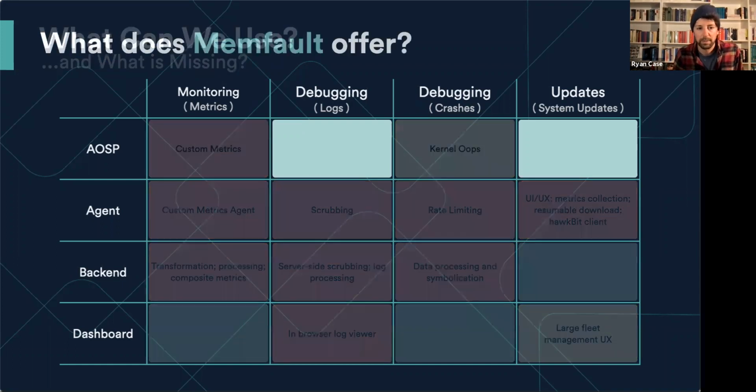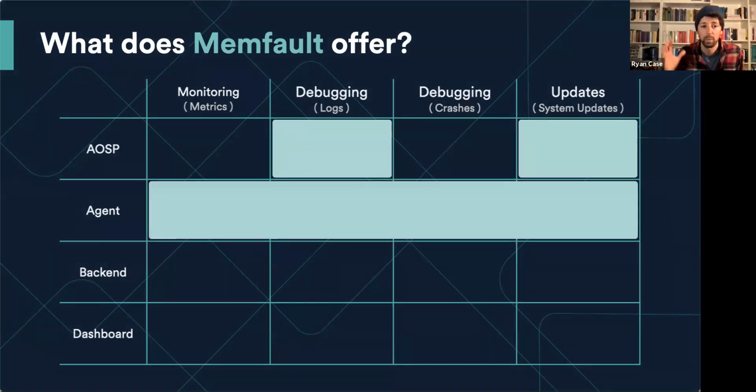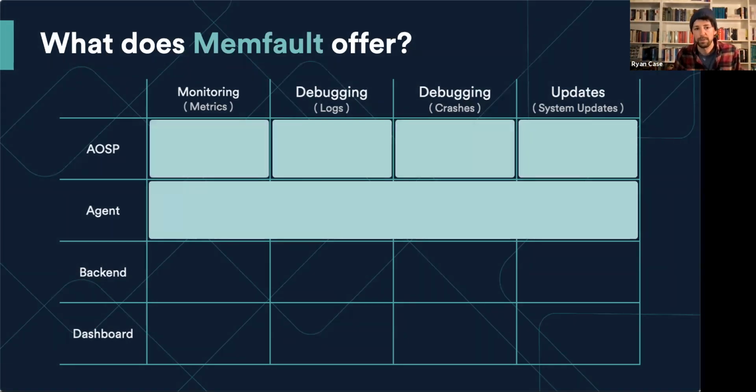So contrasting that with Memfault, we start from the same places, we start with the same APIs. We provide one agent. This is our open source SDK, and it handles everything with just one integration. We can address some of those shortcomings in AOSP that we talked about with some optional patches that we provide, but we don't modify AOSP.